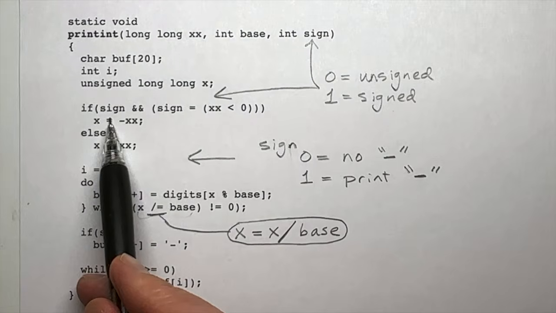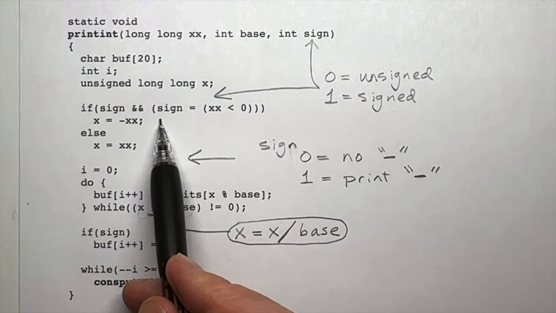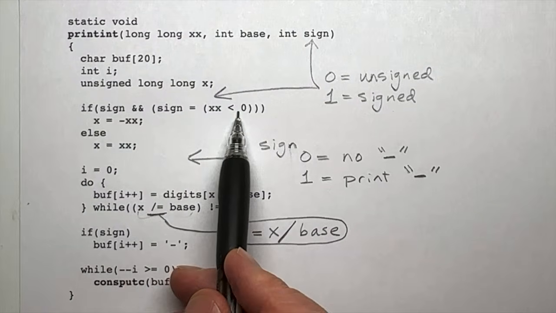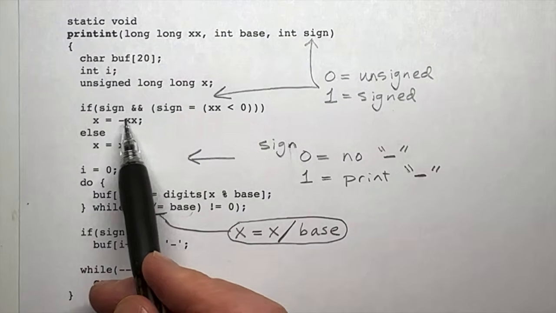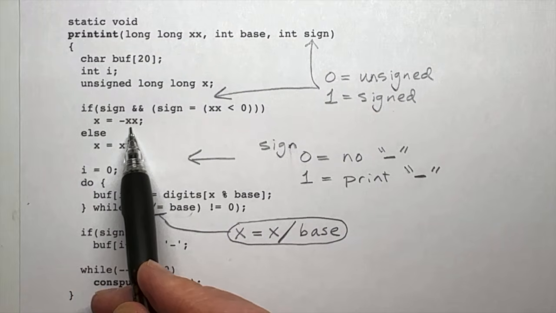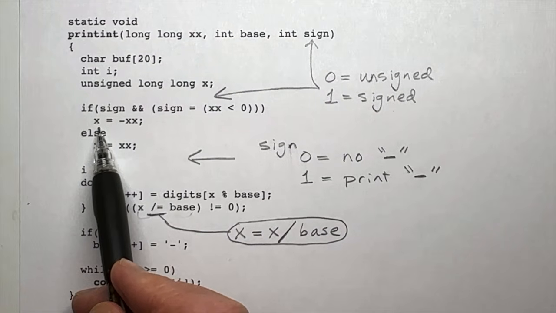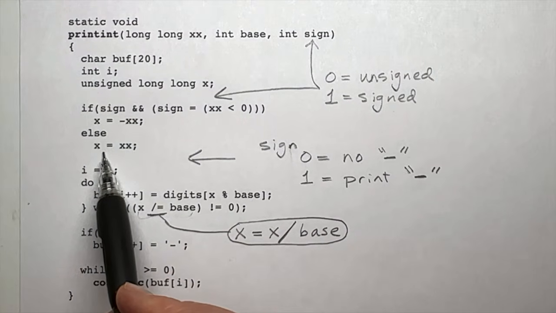But if sign comes in as true, then it means the value is a signed number and might be negative. So then we ask whether it is a negative value. If so, we negate the negative number to get the positive value and store that in x. If the incoming value is not negative, then we'll use it as is without negating it.